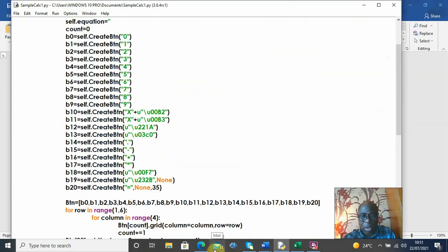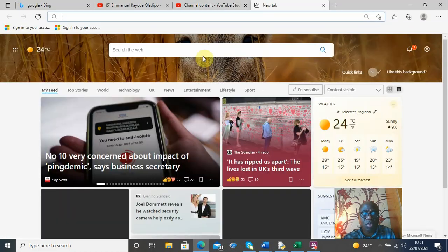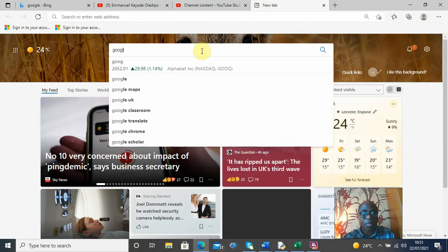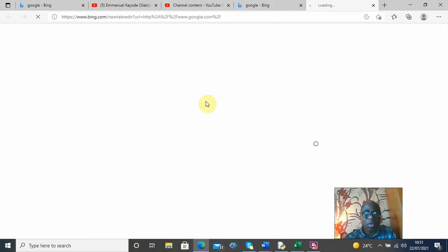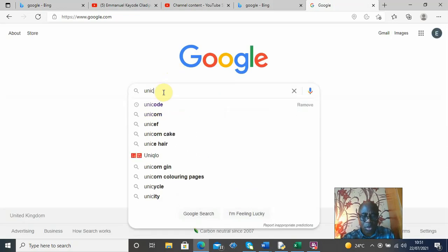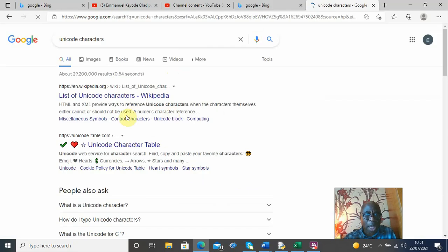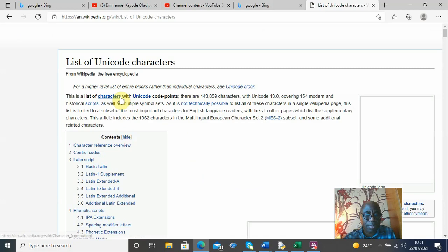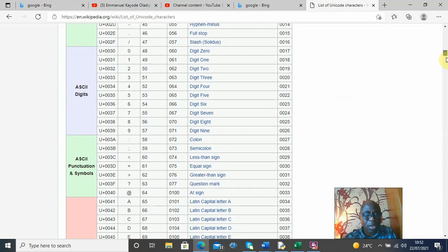I'm not sure I have the code here, but you can always go online, go straight to Google, and like I told you, when you go on Google, you can search for Unicode characters, and you see a list of Unicode characters. Click on that and scroll down to mathematical operators.